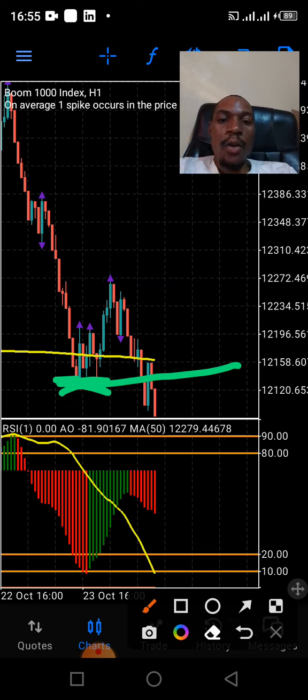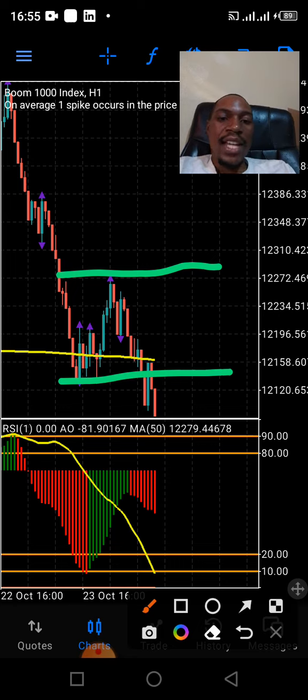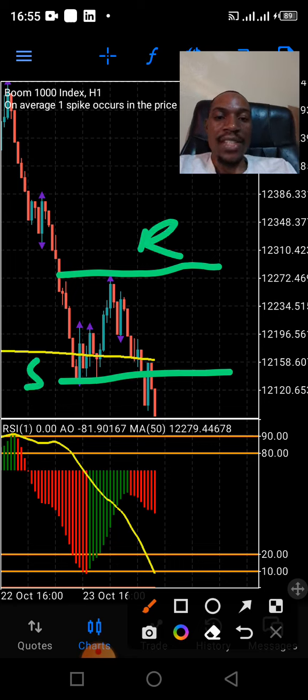Now, we have looked at number 2. This is your resistance and this is your support, looking at history. If you are looking at the breakout, you are looking for the price to break this support and the price to break this resistance. So when the price was coming here, you were expecting it to break.